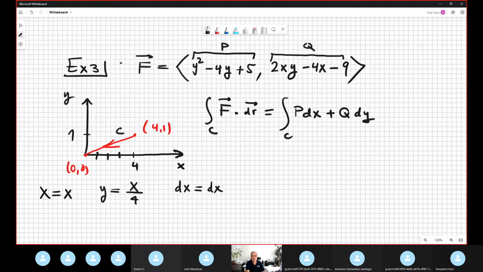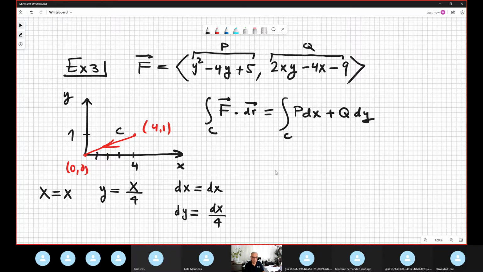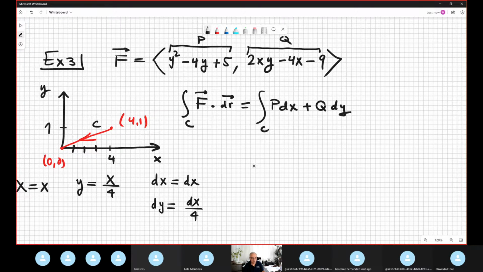A parameterization is any function. And dy is obvious, it's the derivative of this, which is dx over 4. Okay, so I have in my hand the connection between y and x, and the connection between dx and dy as a function of dx.